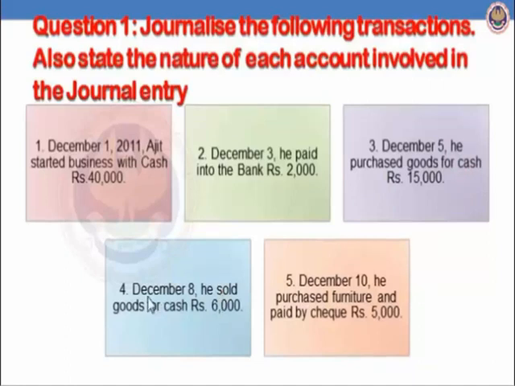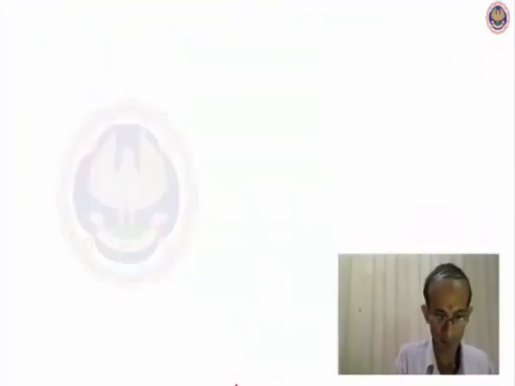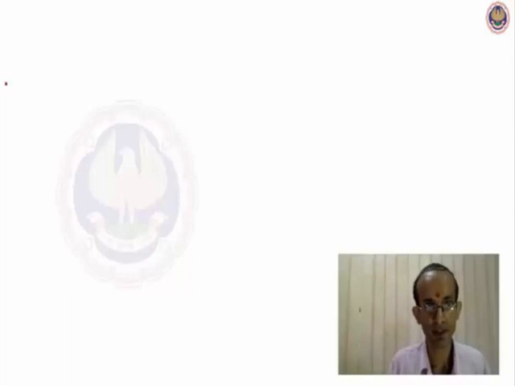Fourth transaction is on December 8th, he sold goods for cash, rupees 6,000. And fifth transaction is on December 10th, he purchased furniture and paid by cheque rupees 4,000. So let us see the solution.